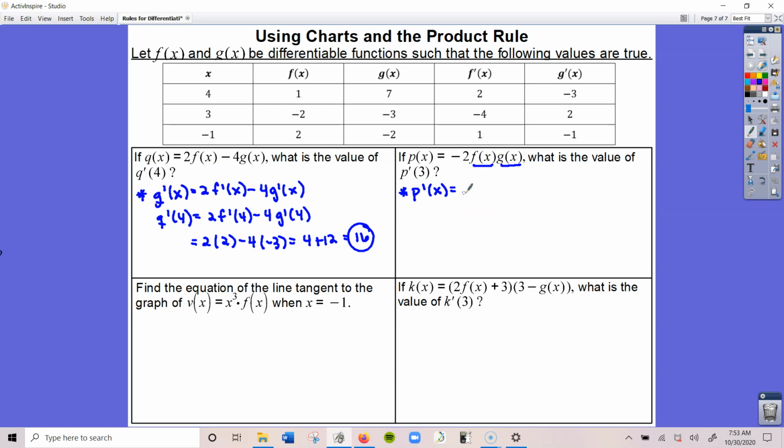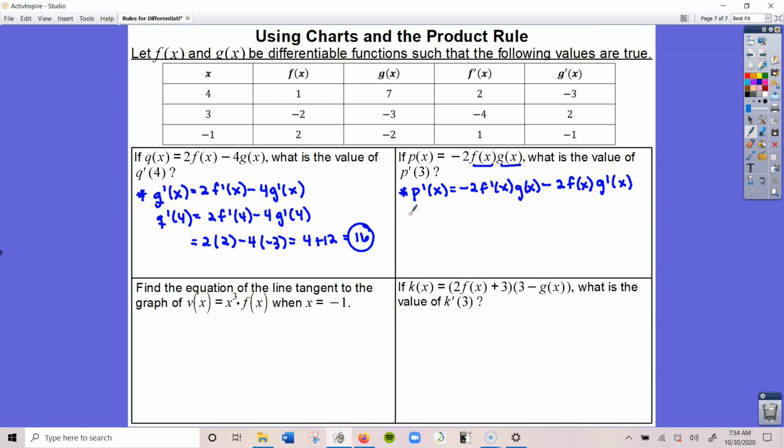Remember, find the derivative of the first term, which would just be negative 2 f prime of x times g of x, plus negative 2, so we're really going to write minus 2, leave the first alone, f of x, and times the derivative of the second.